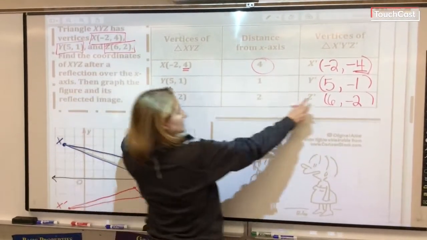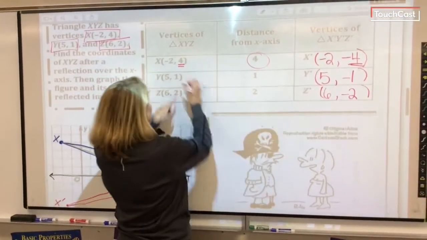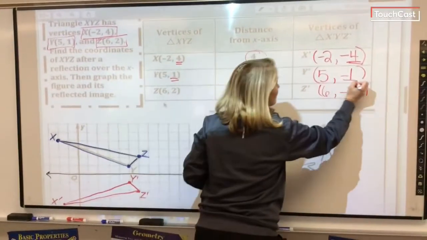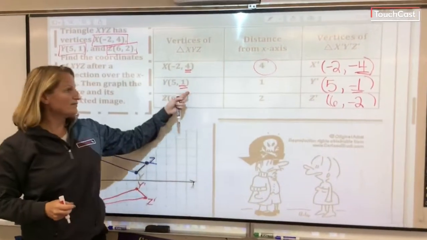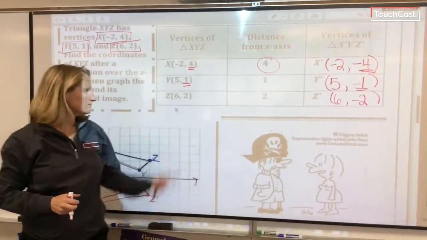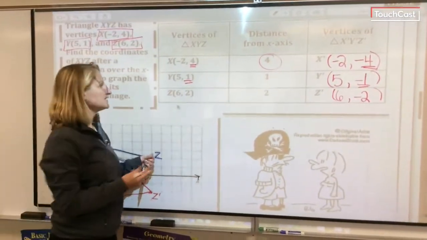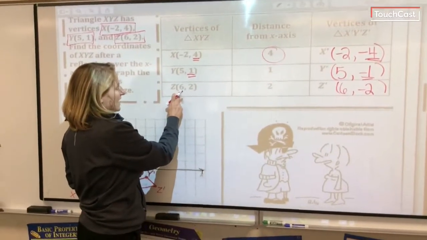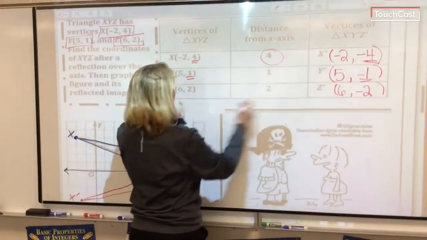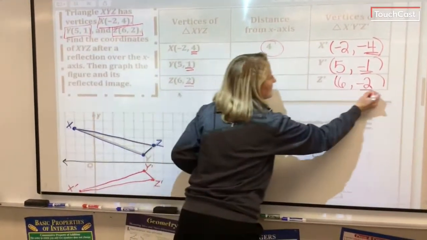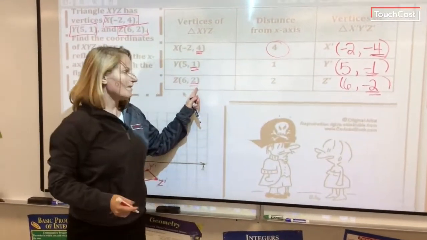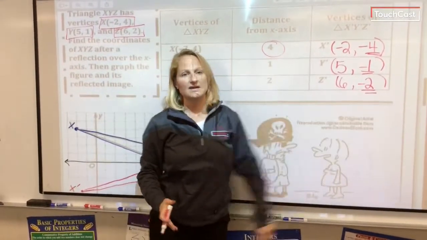The x value is the same, it's 5 for both of them, but the y value is opposite. It went from 1 to -1. And then when we look at z and z prime, again we notice the same thing. The x value is 6 in both of them, and the y value is the opposite. It goes from a +2 to a -2.